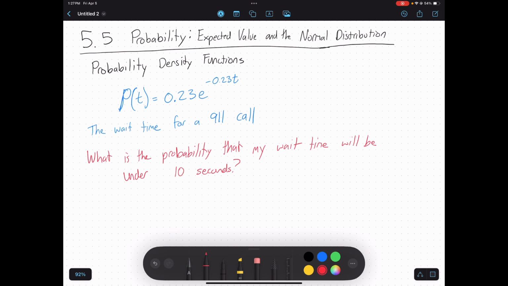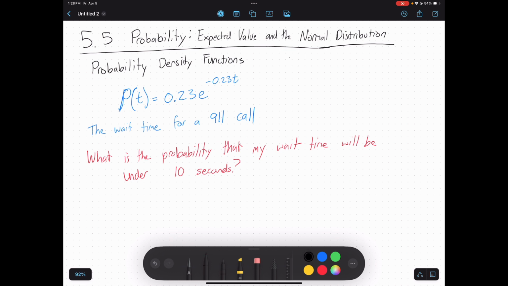So this is a more complicated question because this is a whole range of values. This is looking at what's the probability that if I wait on the line for a 911 call, it's anywhere under 10 seconds. That could be 5 seconds, that could be 3 seconds, that could be 2.5 seconds. There's so many different possibilities here, which makes this more complicated than just plugging a number into my function.